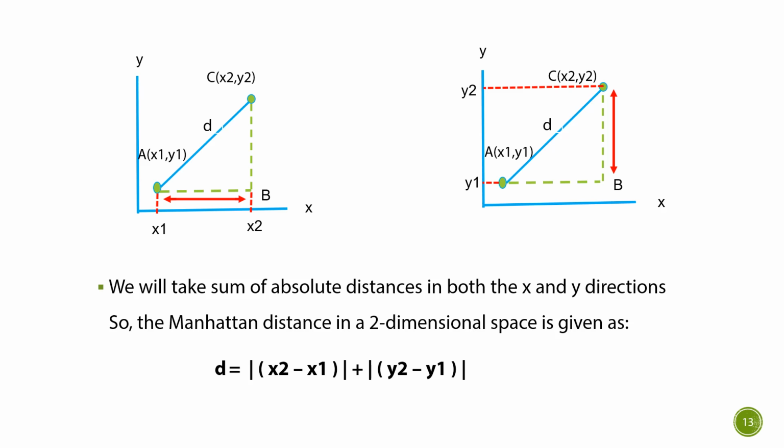Therefore, the formula becomes D equals absolute of (x2 minus x1) plus absolute of (y2 minus y1). So this is how we can calculate Manhattan distance.